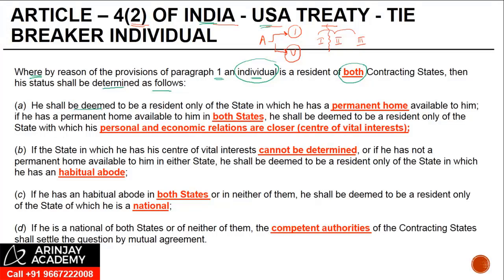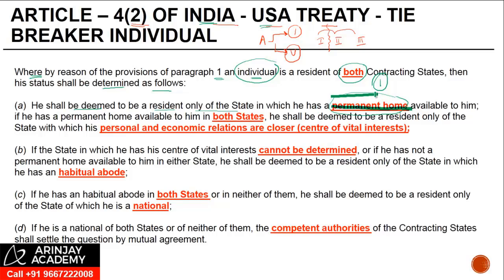He shall be deemed to be a resident only of the state in which he has a permanent home available to him. So the first criterion is where the permanent home of this person is available. If the permanent home is in India, he is a resident of India. If he has a permanent home in US, then he is a resident of US.